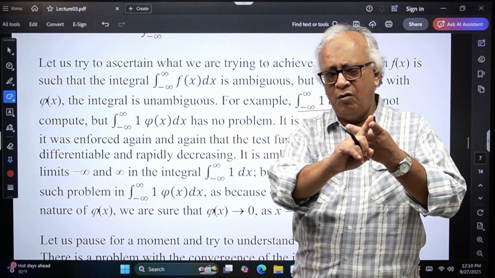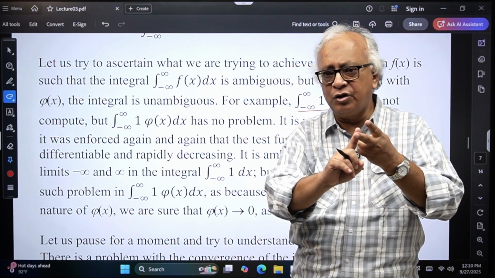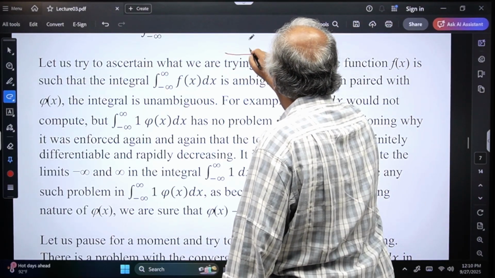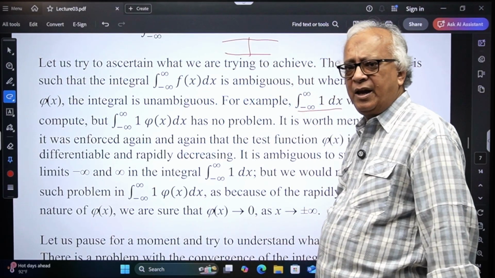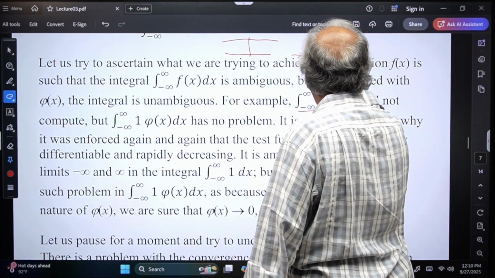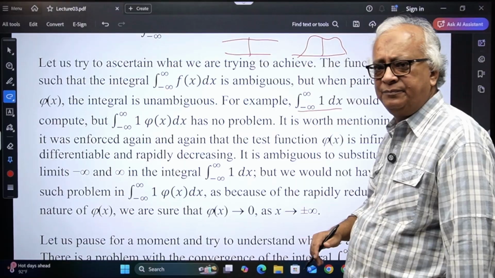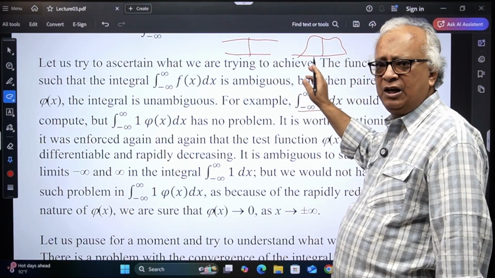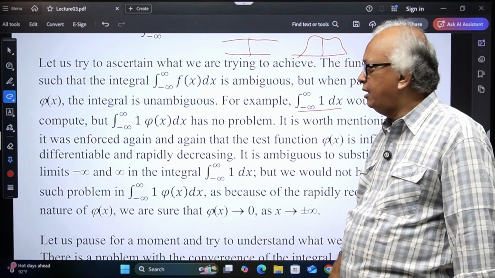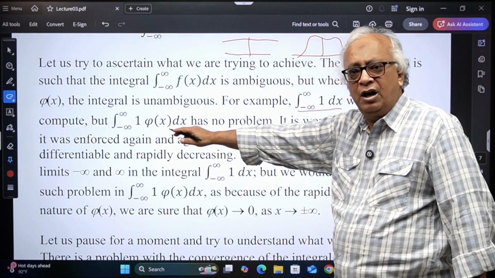Infinitely differentiable, more importantly, rapidly reducing. Therefore, think about it, এখানে হচ্ছে কি, this is 1, এটা আমি ইন্টিগ্রেট করতে পারবো না, কিন্তু এইটাকে যখন আমি এরকম করে একটা ফাংশন দিয়ে মাল্টিপ্লাই করে ফেললাম, তখন 1 multiplied by phi will also rapidly reduce. Therefore, এটাকে আমি ইন্টিগ্রেট করতে পারবো, লিমিট বসাতে পারবো.